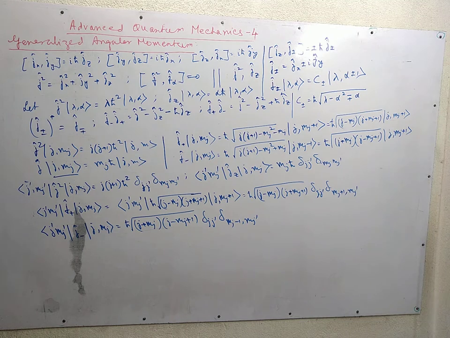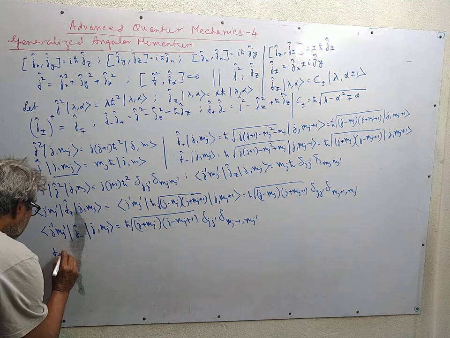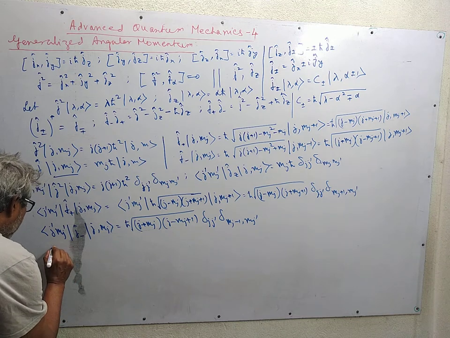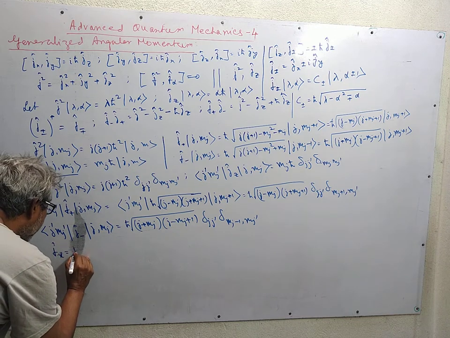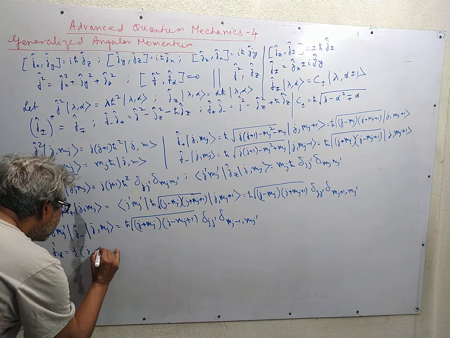If we are to find out the matrix element for Jx, we recall that Jx can be written as half (J plus plus J minus).